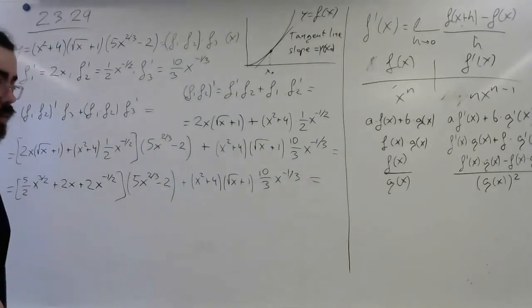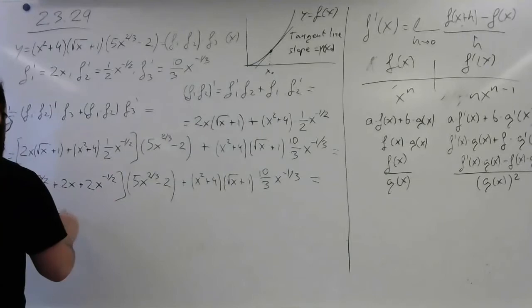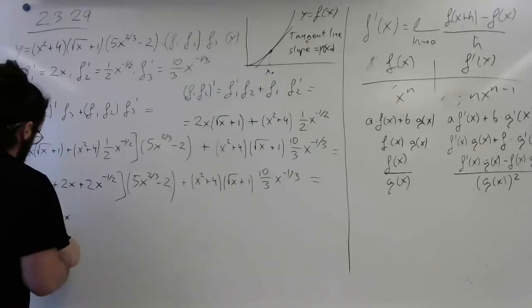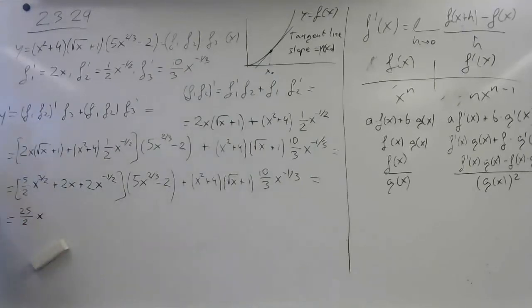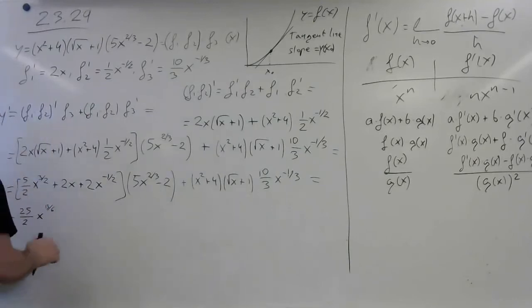Okay, so now we have no other choice than to multiply this little monster here. So we start, first one, 25 over 2, this is x, plus, sorry, this is not x. This is way better.